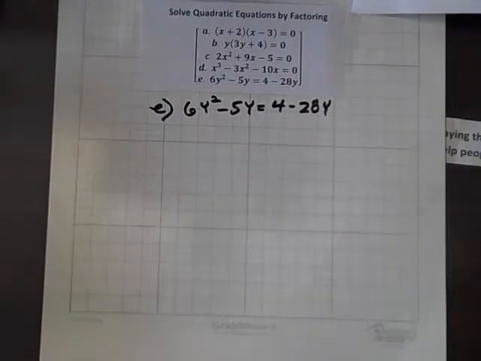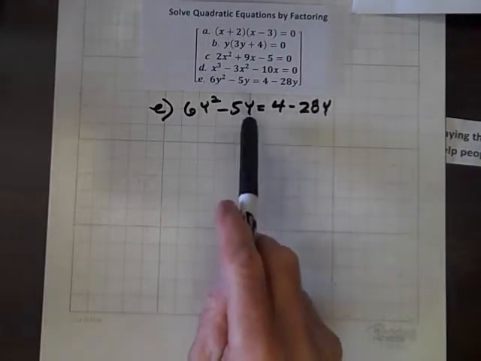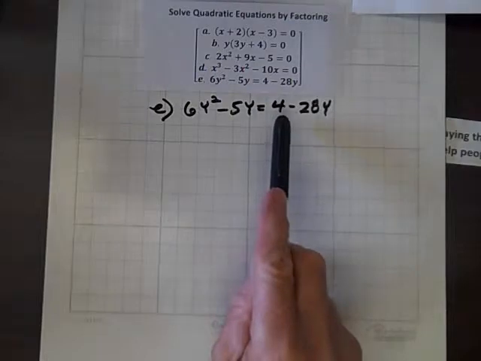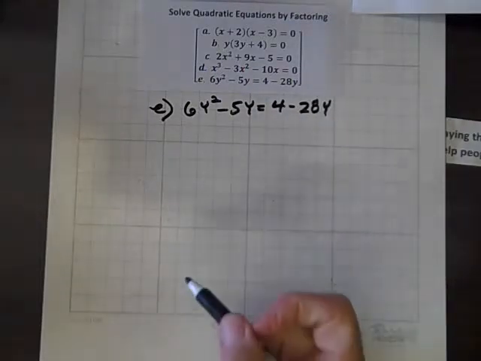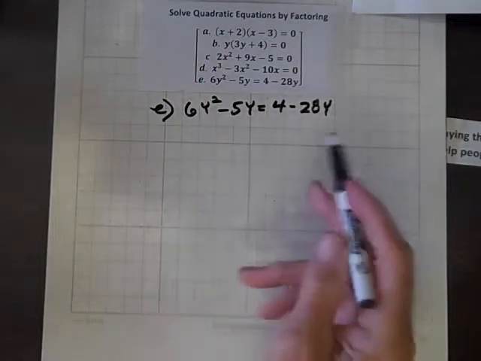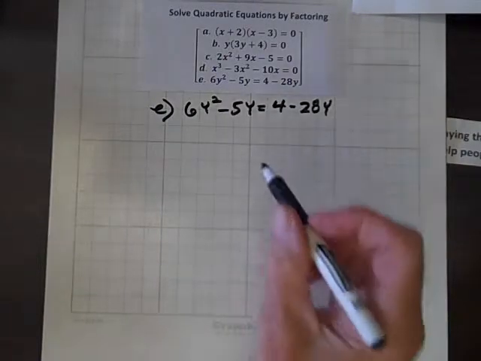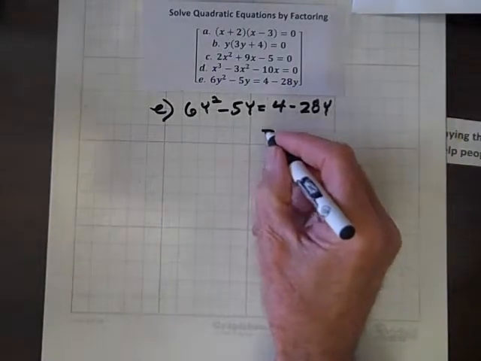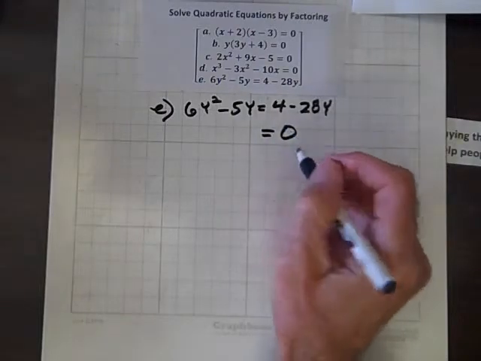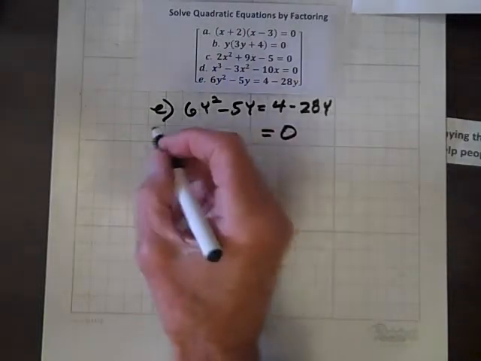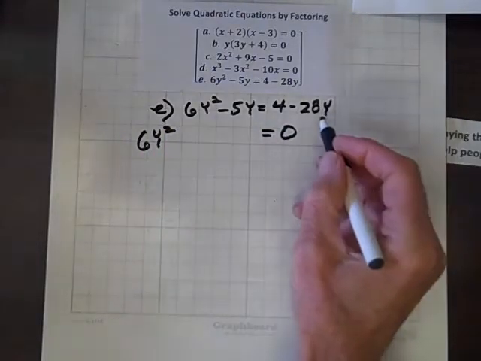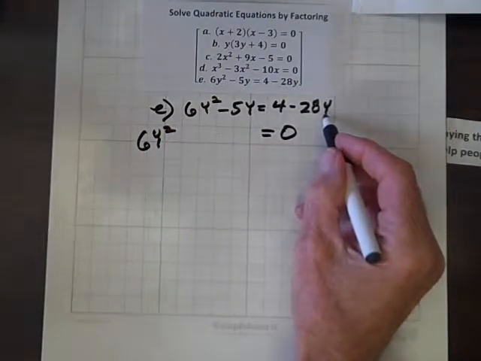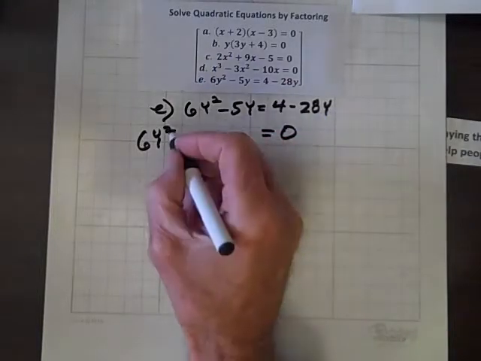Finally, we have the equation 6y squared minus 5y equals 4 minus 28y. And our first task is to get 0 on one side of the equal sign, everything else on the other. So 6y squared, and adding, we'll add 28y to both sides.